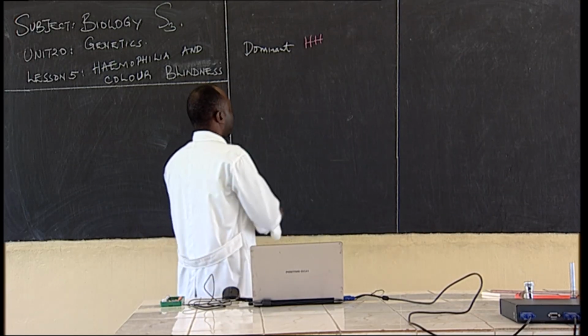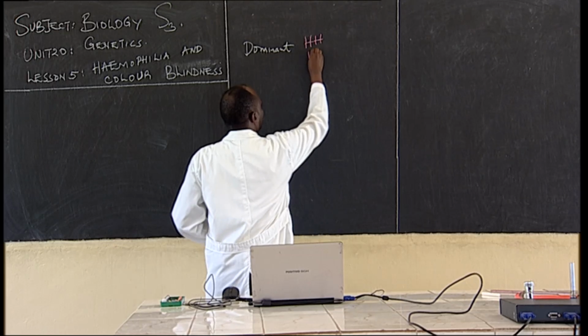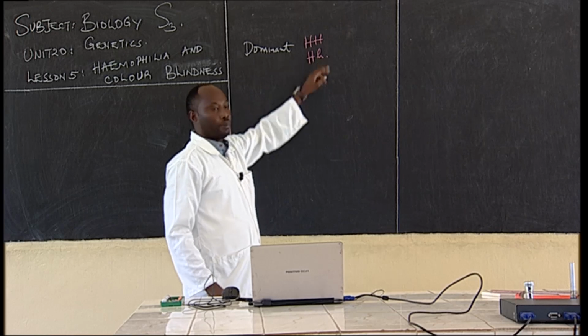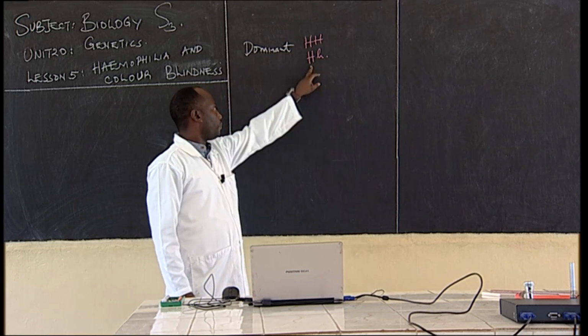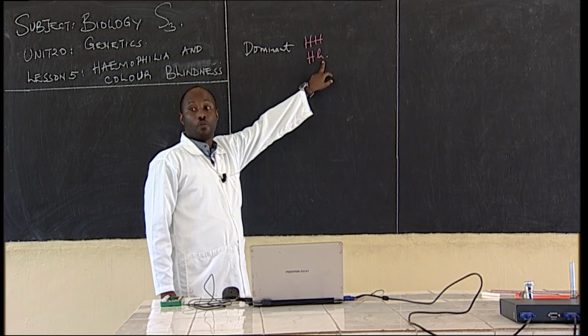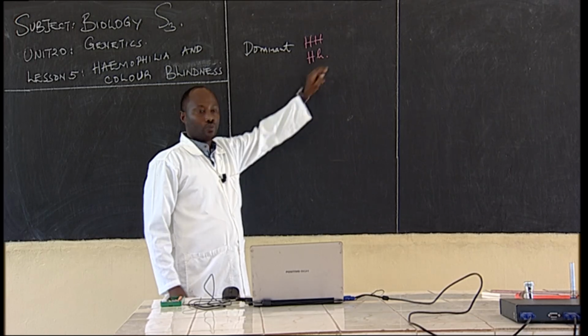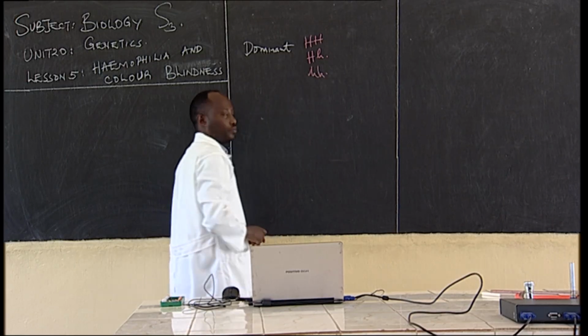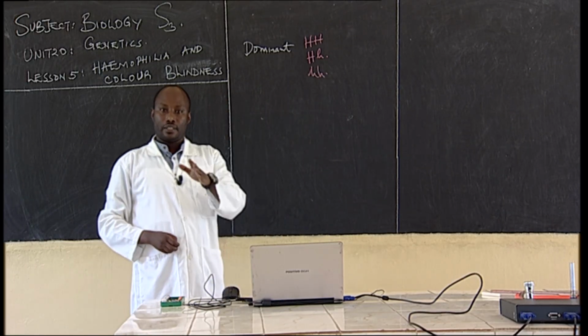But if I have H and small h, normal but carrier in biology. This is normal, but with a recessive gene, which is called normal but carrier. All right? We have small h and small h, homozygous recessive.